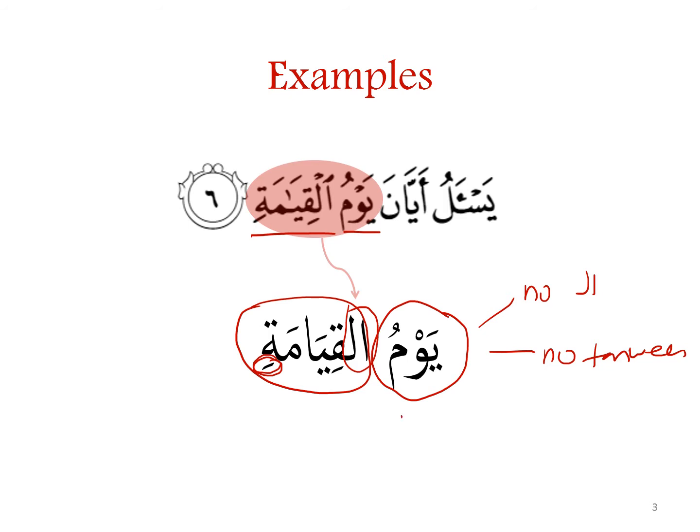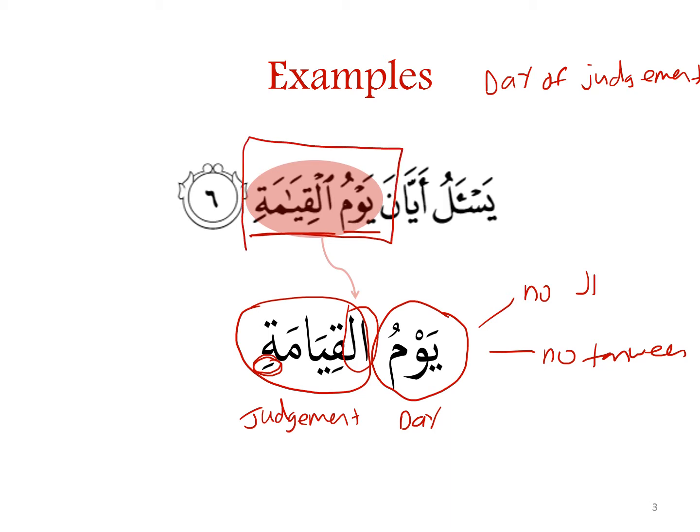So yawm means day, al-qiyamah would mean judgment. So you would say something of something, day of judgment. Or even judgment day. So the key thing here is to be able to instantly recognize an idhafa phrase based on the rules of no alif lam and no tanween on the mudaf and a kasra on the mudaf ilayh.